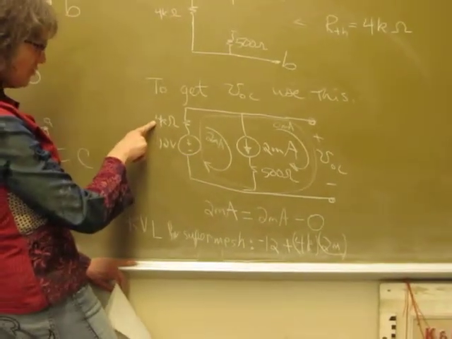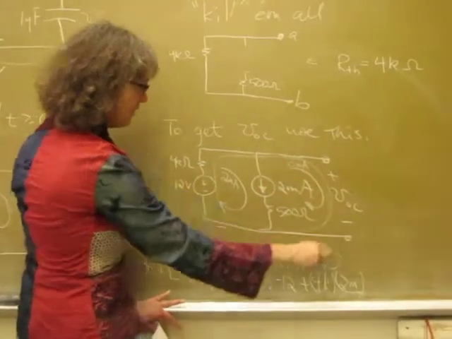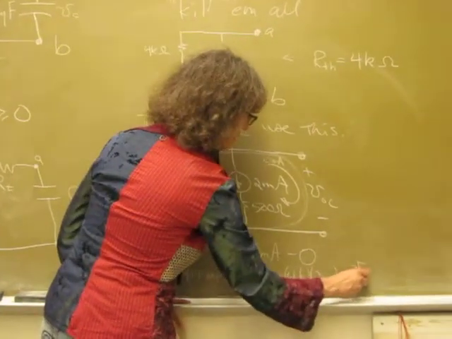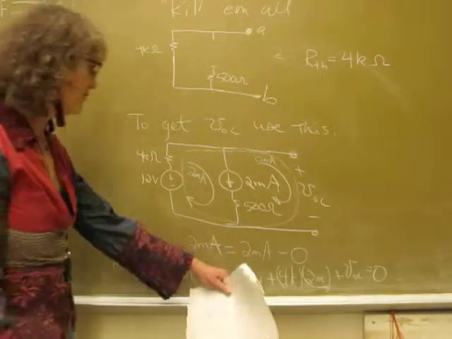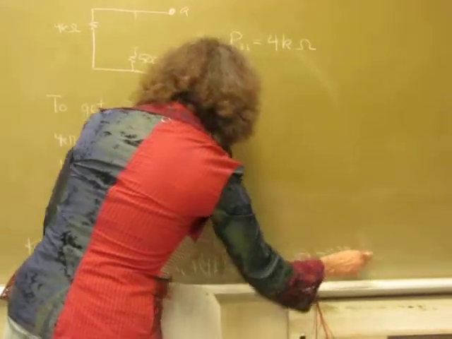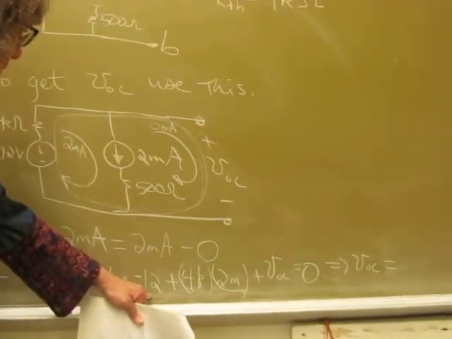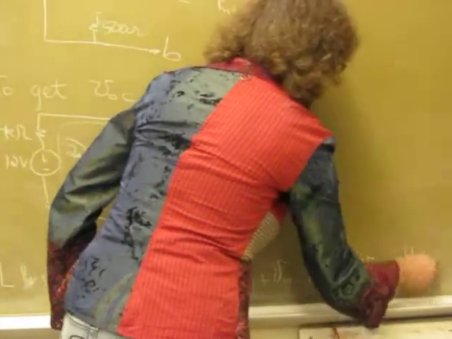So minus 12 plus 4K times 2M plus VOC is equal to 0. All right, so I can just solve this equation for VOC. It tells me that VOC is equal to 12 minus 8, or 4 volts. VOC is 4 volts.